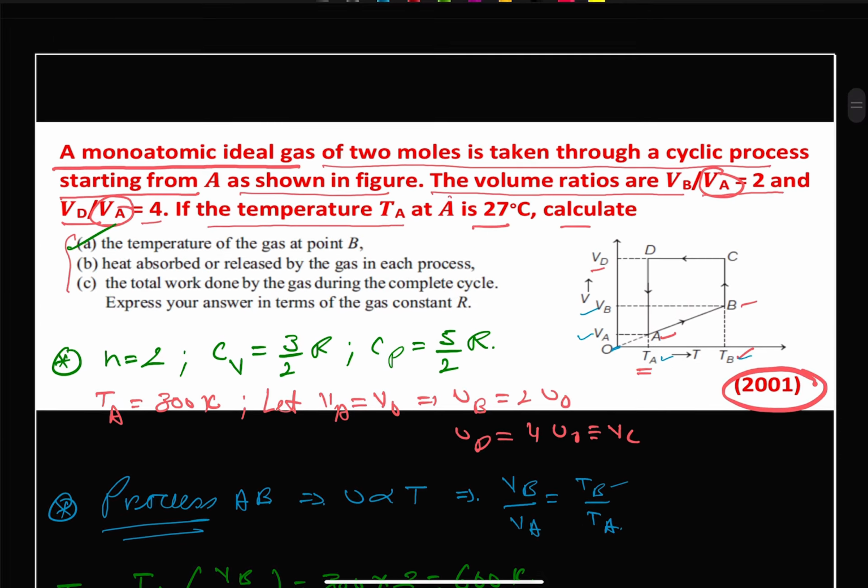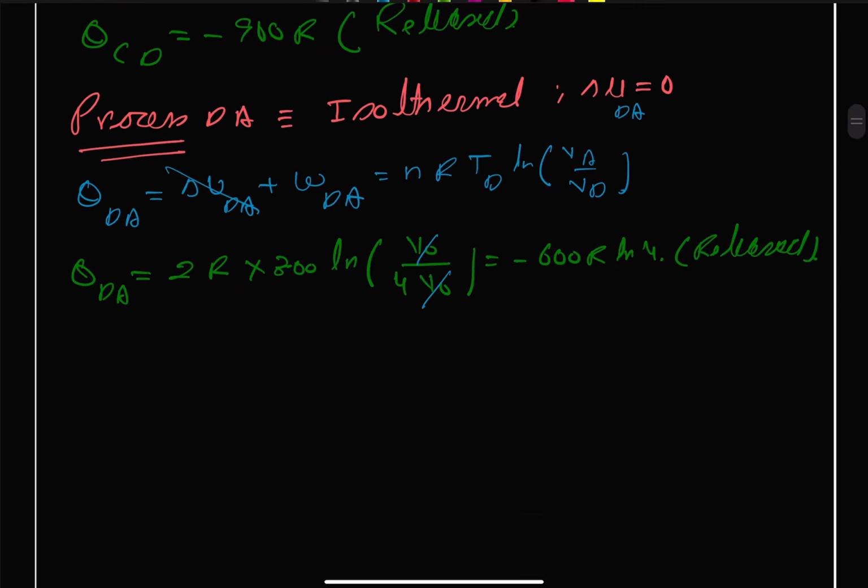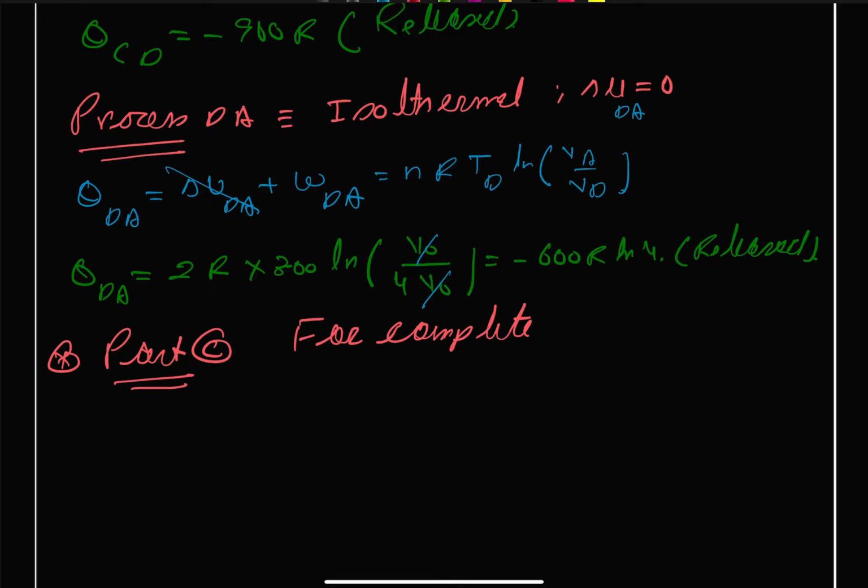So these were part B, and it says the total work done by the gas in the complete cycle. Okay, the total work done will be the addition of the individual work done. So we can say part C, for the complete cycle we know that our net change in energy for the entire cycle will be equal to 0.